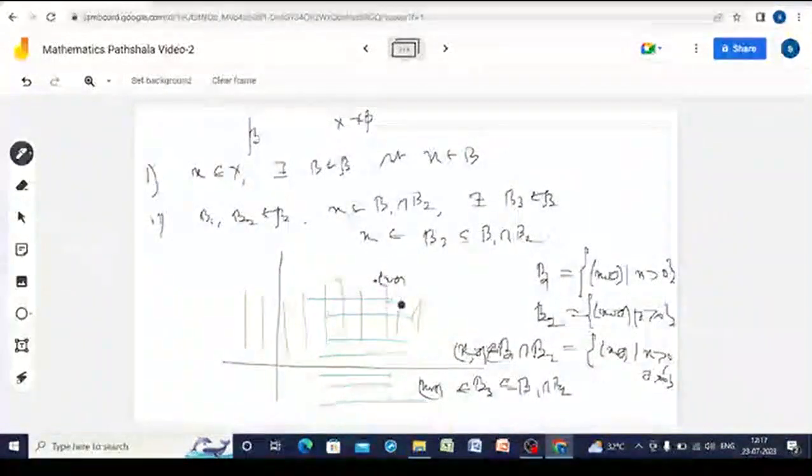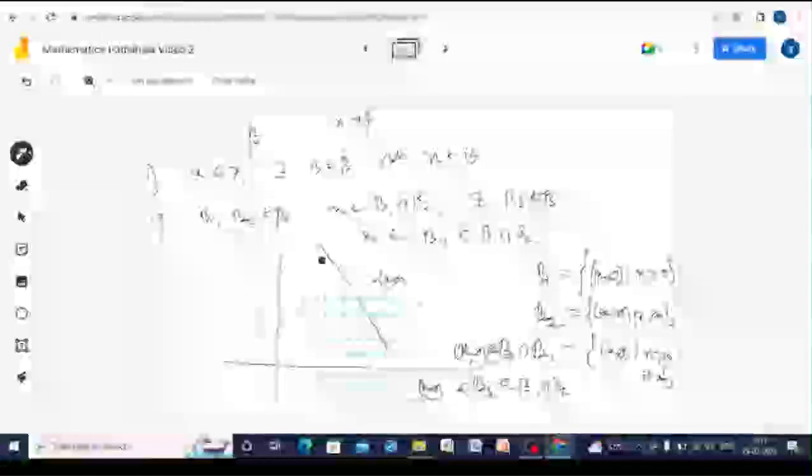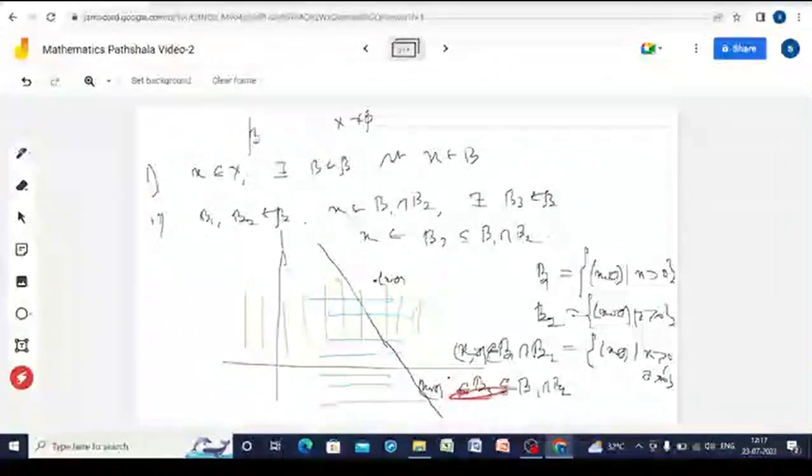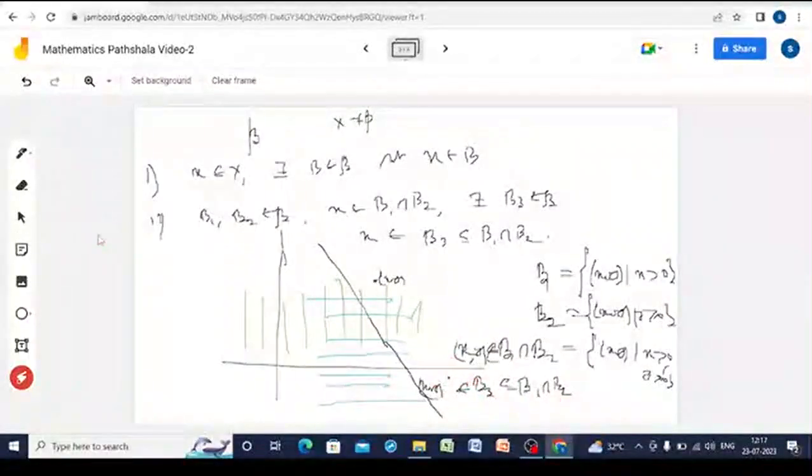But there is no such right half plane which will be entirely contained in this first quadrant, because if we take such a right half plane, there will be points in B3 which will not be in B1 intersection B2.